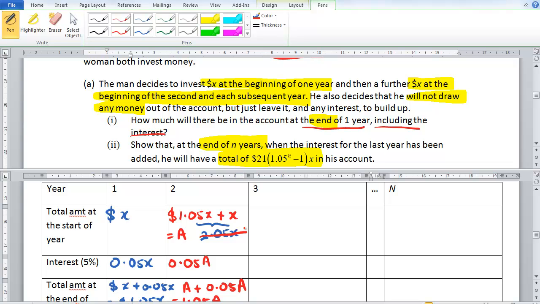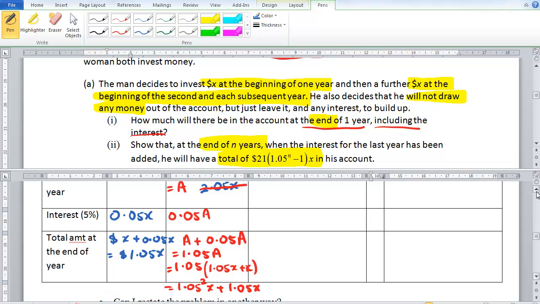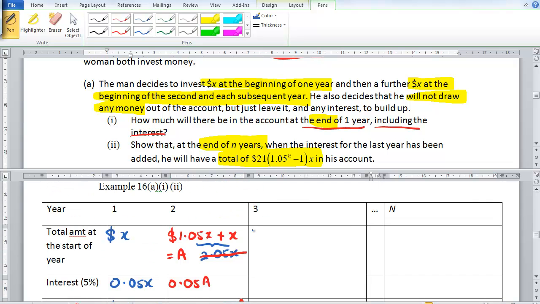Alright, let's analyze the year 3 to have an even clearer picture. So for year 3, we will need to take what we have at the end of year 2, which is this. So we will need to see what we have at the end of year 2, the 1.05 square x, add on the 1.05x, and we need to note that at the beginning of year 3 he adds on another x into his bank account.